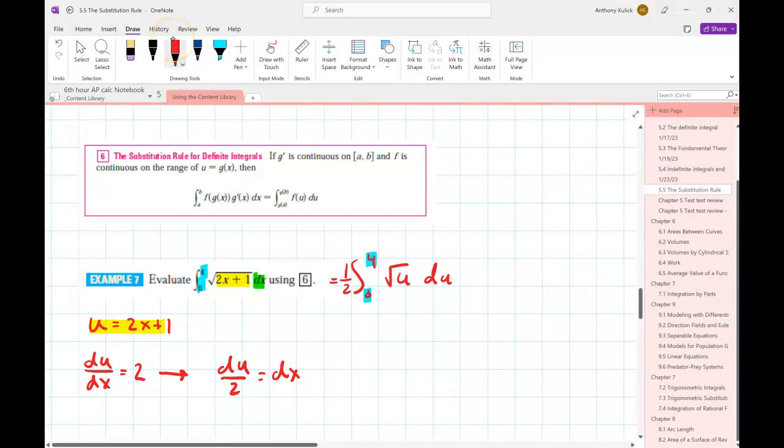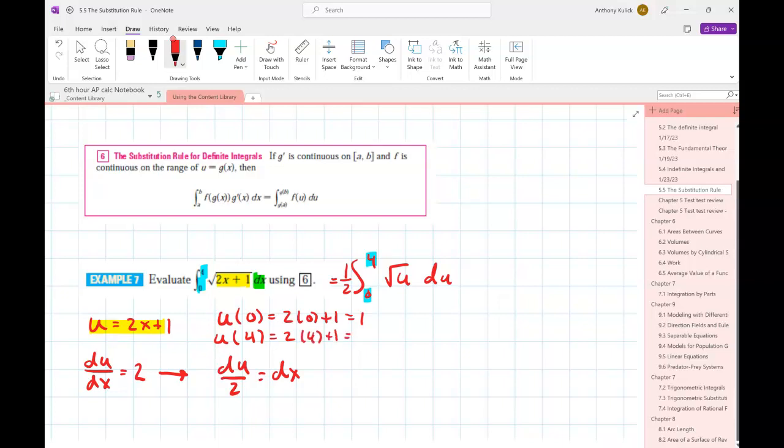So what I need to do is change those bounds so that they're with respect to u. So I'm going to do u of 0, just plug 0 in, and u of 4, so I'm plugging 4 in for x, I should say. So those bounds should really be from 1 to 9.